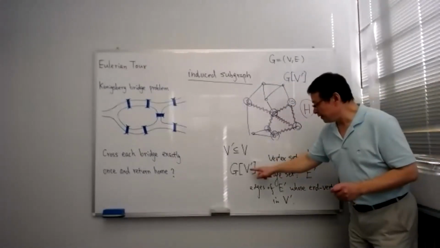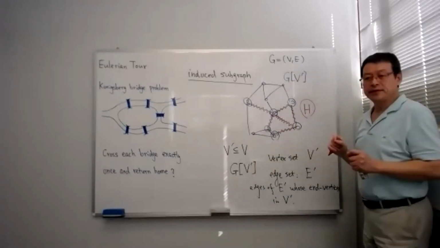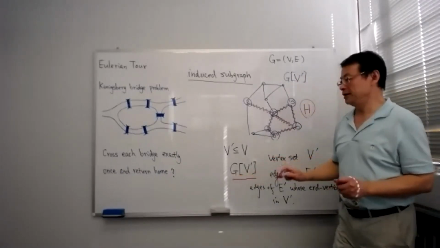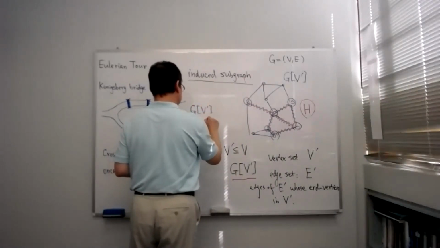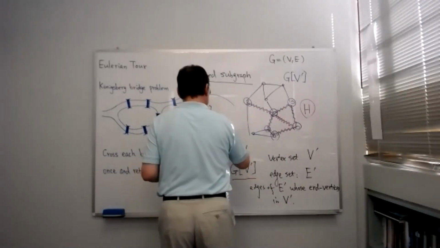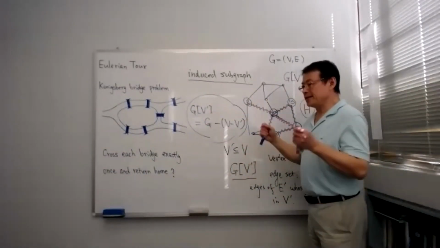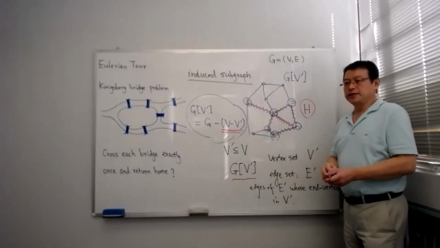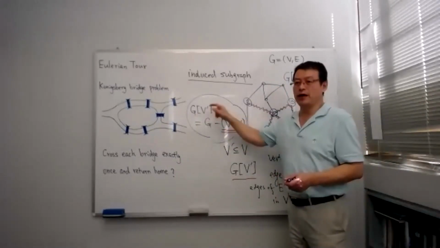That means for the vertices V prime, the graph looks exactly the same as it is in G. A partial subgraph may not, but the induced subgraph will look exactly the same as in G. In other words, the induced graph on V prime is exactly the graph obtained by deleting the vertices V minus V prime from G. So deleting the vertices not inside V prime from G, we get a graph that's exactly the same as the induced graph.